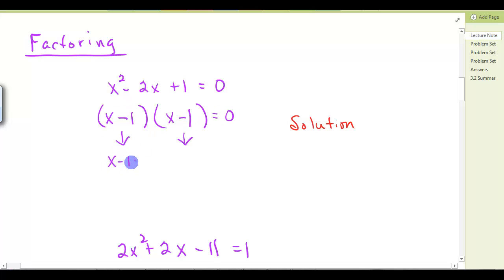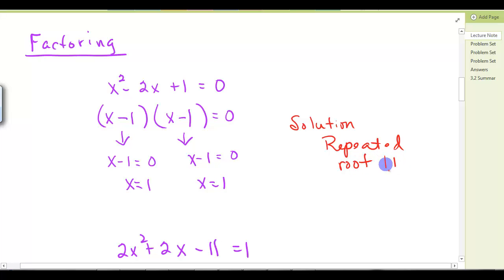So you have x minus 1 is 0, x minus 1 is 0, x equals 1, x equals 1. And your solution is a repeated root, positive 1.